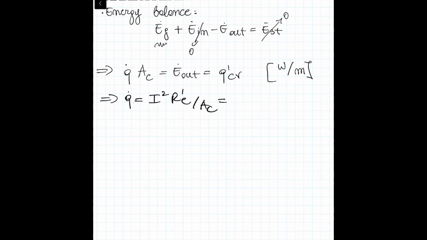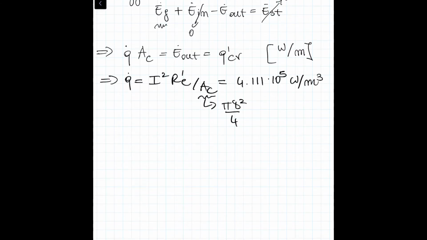The only data missing here is the cross-sectional area, which can be easily found because it's just pi d squared over 4. We know the radius, so we know the diameter, and therefore we can find the generation term. By subbing in the correct numbers, you should get that the generation term is equal to 4.111 times 10 to the 5 watts over meters cubed.